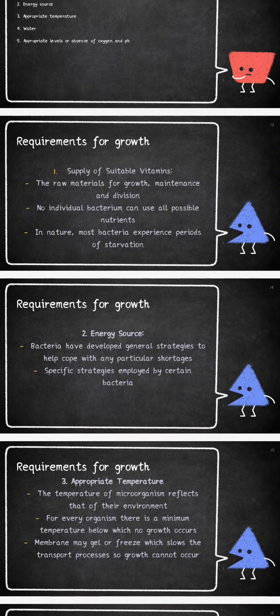These are the raw materials for growth, maintenance, and division of your microbes. So I repeat, sugar, carbon, hydrogen, oxygen, amino acid, sterol, alcohol, hydrocarbons, methane, inorganic salts, and carbon dioxide.